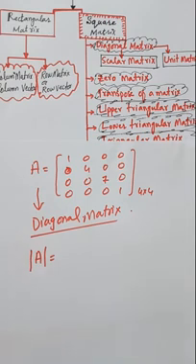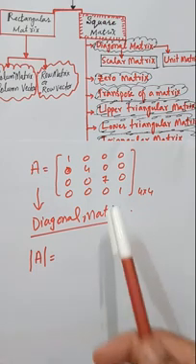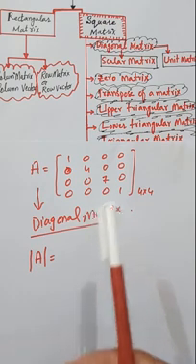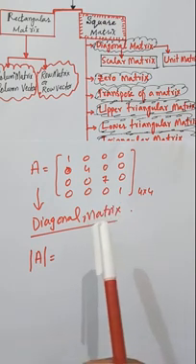It can be verified from the definition of cofactors and minors, but this is a very important property for the exam, because finding the determinant of a 4 by 4 matrix is a lengthy process when you apply the method of cofactors and minors.